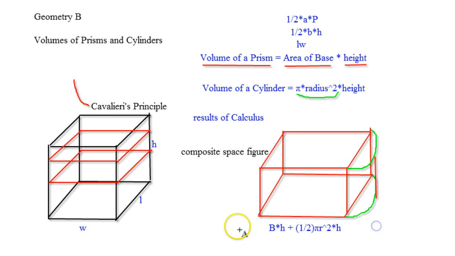And obviously the height would be the same for both objects, the only two different things would be the radius and the actual area of this base. Well, actually you could use the radius or the base. You could say about halfway of the base would be the radius, so you could use that there. But in looking at this, you could make a composite space figure by using shapes you do know, and just working with it.